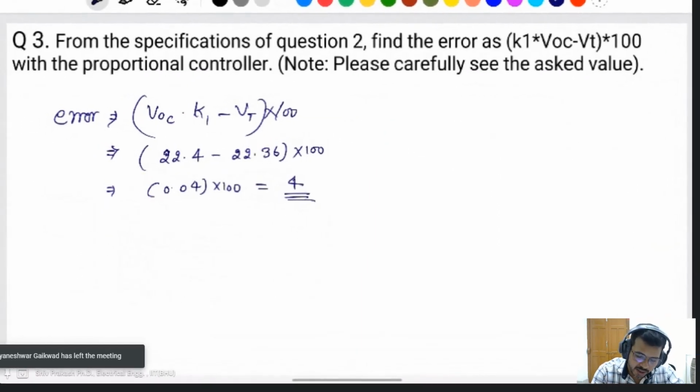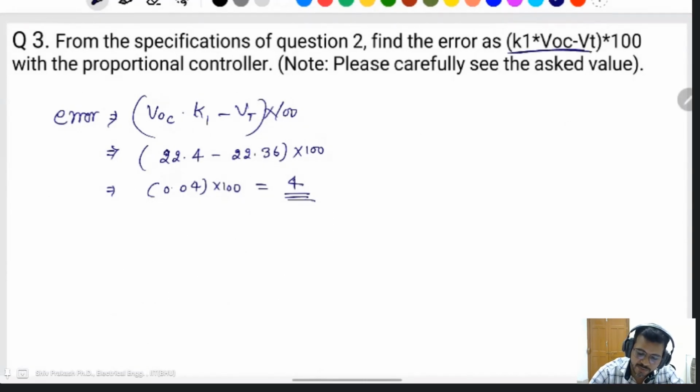Question number second is asking to find the error. Error is given as VOC minus VT, it means VM minus VT, into multiplication of 100.